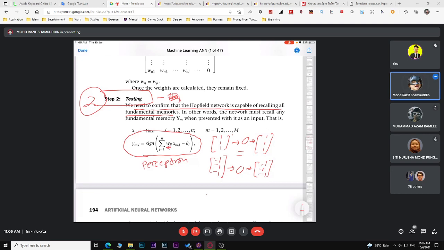Summation of weight times input minus threshold. Tetapi dia punya orientation dia berbeza. Nampak tak? Kalau sebelum ni perceptron the summation of input I multiply by weight IJ kan?